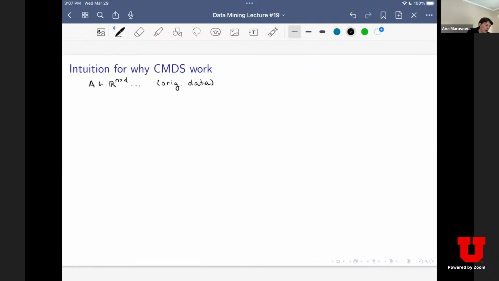And imagine we have a similarity matrix S defined with values Sij, where each Sij is defined by the dot product between the rows Ai and Aj. Remember, our data matrix is n times d, so each row is a d-dimensional vector representing one data point. We define the similarity matrix by taking a scalar product between two points.